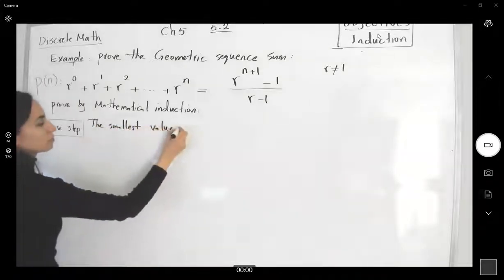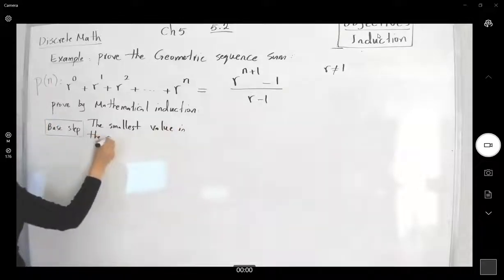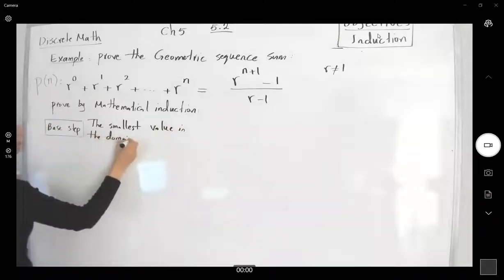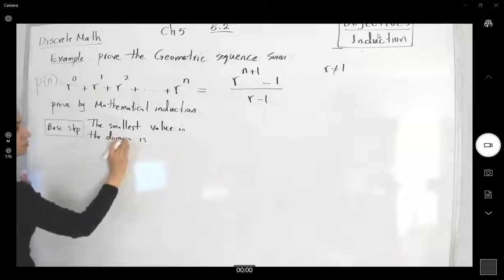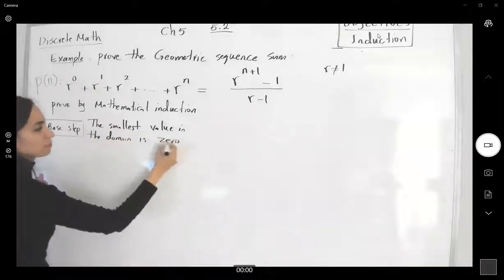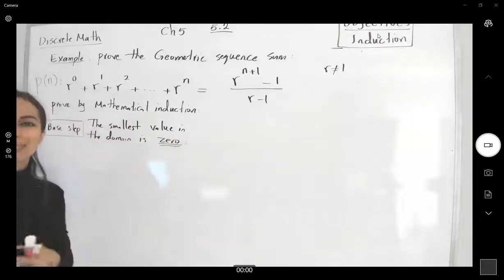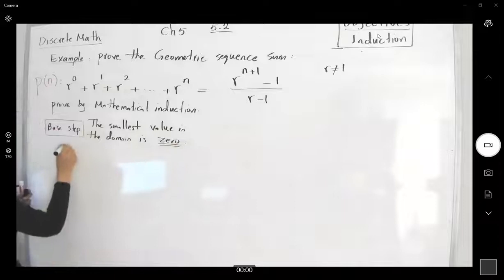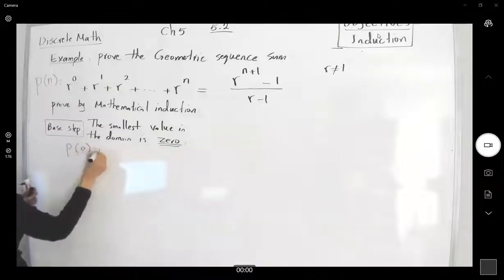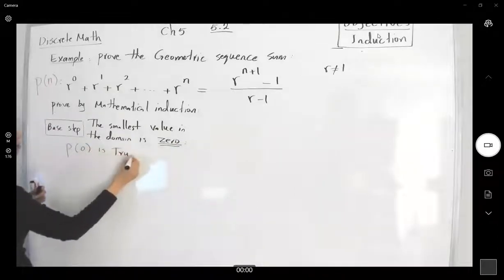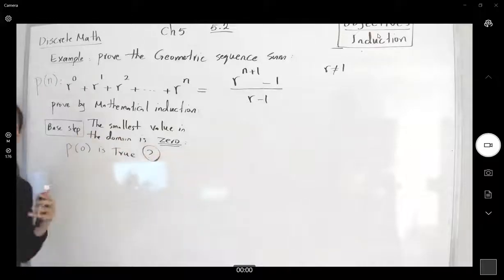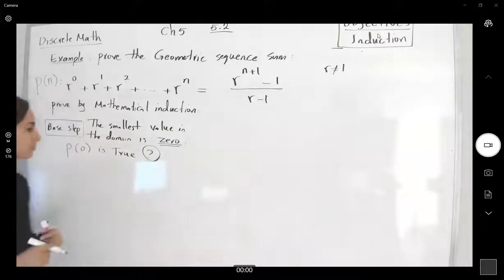So I need to show P of 0 is true. Let me put a question mark next to this because I'm trying to show that.